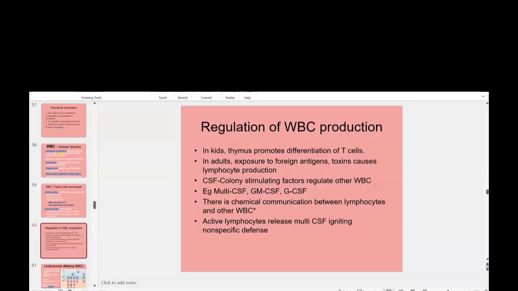And there is always chemical communication between lymphocytes and other WBC. By other WBC, what do I mean? I mean neutrophils, eosinophils, basophils, all of these communicate with lymphocytes. So there is mutual communication. Like I said, if neutrophils, basophils, and eosinophils are not able to handle the pathogen, they ask for greater force.